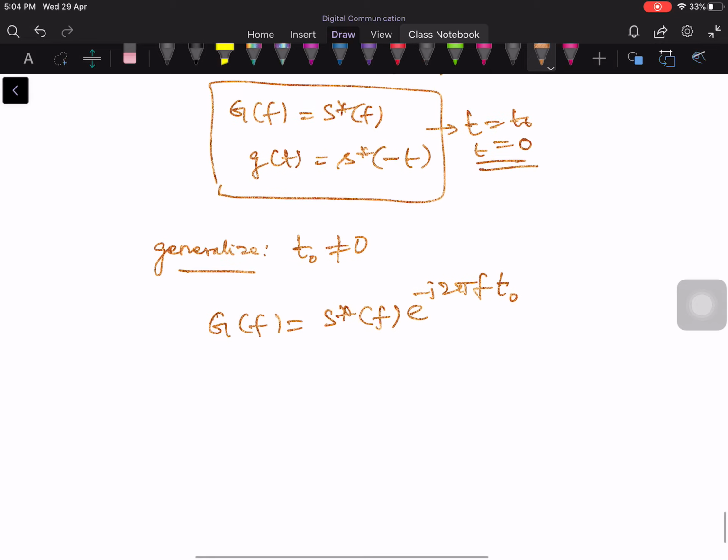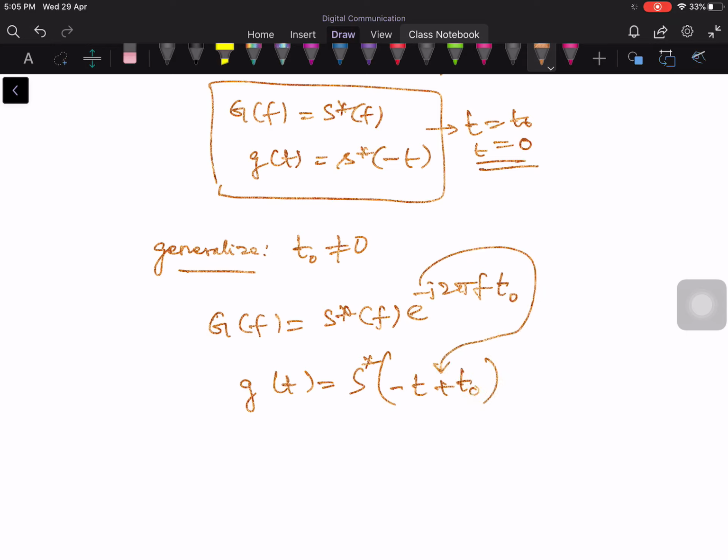Okay, then if you take inverse Fourier transform, this is S conjugate of minus t plus t naught. Now if there is a minus, then it becomes plus here. So this is going to be S conjugate of t naught minus t. So this is your time domain expression for the more general case.